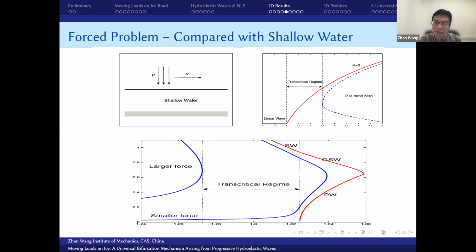But our problem is very weird. It's highly nonlinear, so at small amplitude you are not supposed to have solitary waves. The solitary waves don't bifurcate from zero amplitude. They appear along the branch of generalized solitary waves, and the generalized solitary waves bifurcate from periodic waves. I didn't mean I found some new bifurcation theory.